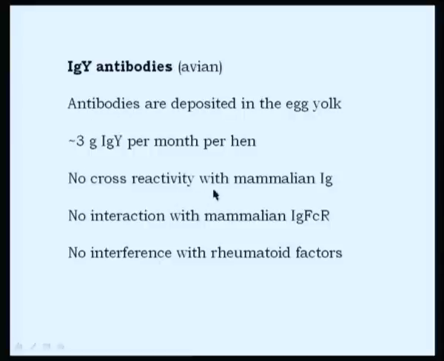More importantly, 3 grams of immunoglobulin Y can be got from eggs in a single month from one hen.